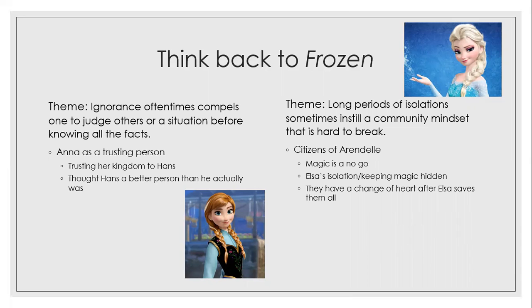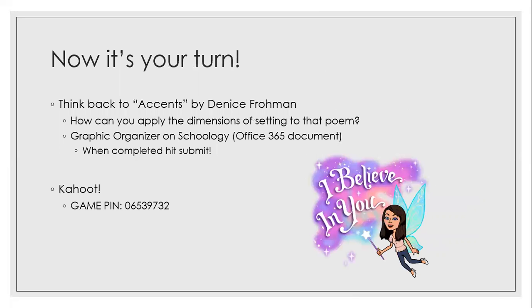So now I want you guys to think about Denise Frohman's accents, which we listened to and reflected on in our journals at the beginning of class. I want you to think about how you can apply the dimensions of setting that we just learned about, spatial, temporal, social, and psychological, to accents.